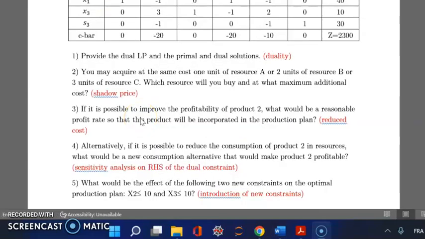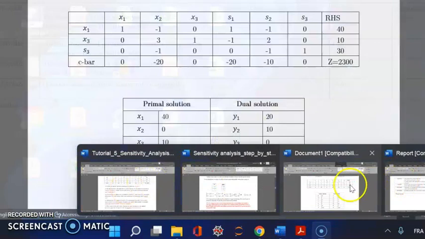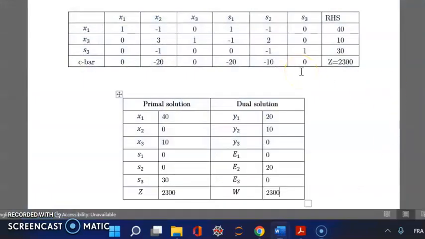Now for the second question, it says you may acquire at the same cost 1 unit of resource A or 2 units of resource B or 3 units of resource C. Which resource will you buy and at what maximum additional cost? Now we're talking about the shadow prices, obviously, which are the marginal unitary value of a resource.